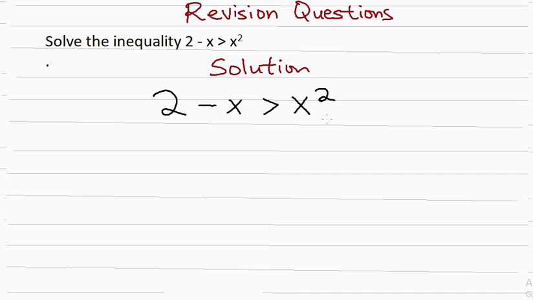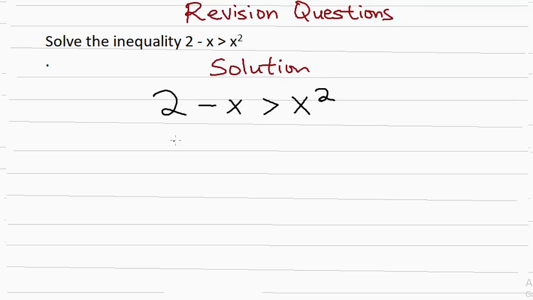Now I can even tell you the difference: anytime you are solving inequalities, if you happen to multiply both sides of the equation by a negative value, then the inequality sign will change. If it is greater than, it will change to less than. If it was less than, it will change to greater than. So that is the only difference. Other than that, the same way you solve quadratic equation, linear equation, or any form of equation, you can also apply that to inequality.